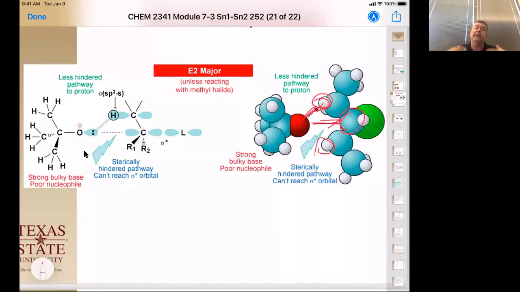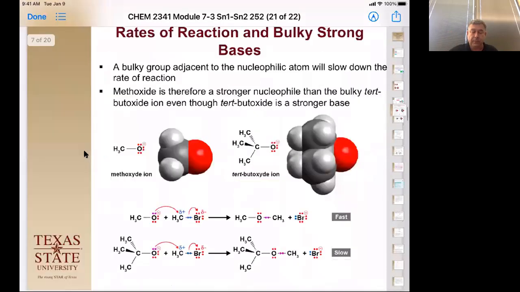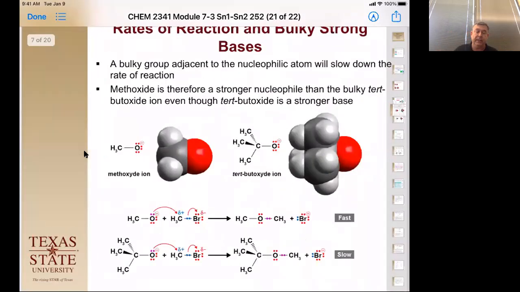That's how to think of it, as really big, and the hydrogens are much more accessible than trying to form that sigma bond with the carbon with the leaving group. Okay. So if we think about the relative rates of this, when we're thinking about our small base acting as a nucleophile, it's going to act very quickly, okay, and give us our substitution product.